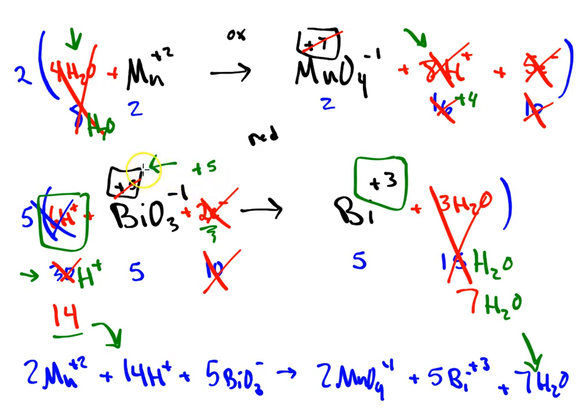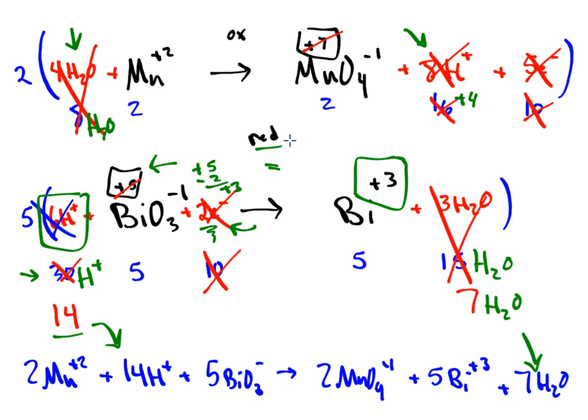Now that is the same as this number, but that's just random. So I had to make +5 equal +3. Since it was a reduction, I gained electrons in the reactants, so I had to add 2. Now I have +5 minus 2 equals +3, and now the charges were equal.